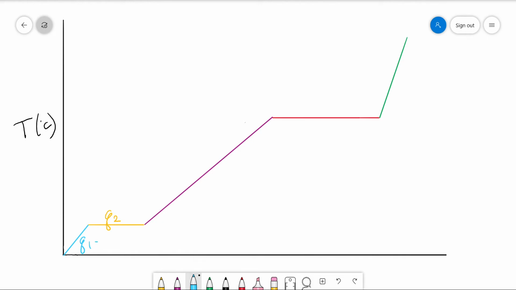Q3 is warming the water. Q4 is vaporizing the water.